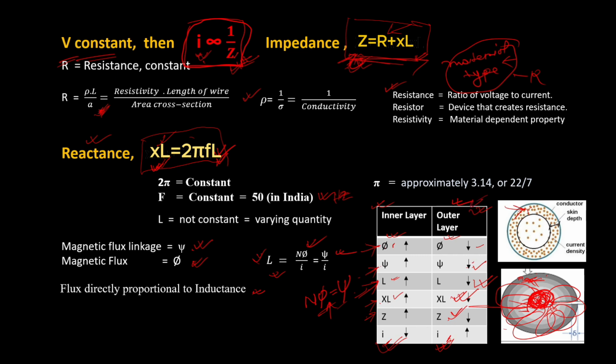For the outer layer, magnetic flux is decreasing, so this psi will also decrease, because psi is equal to n phi. That is the magnetic flux linkage. If psi is decreasing, then L will also decrease, because L is equal to psi by I.